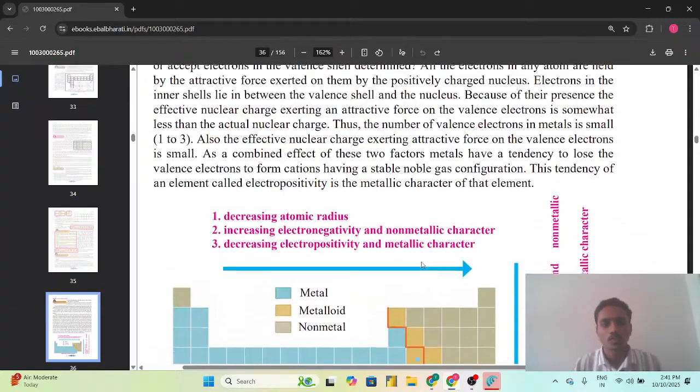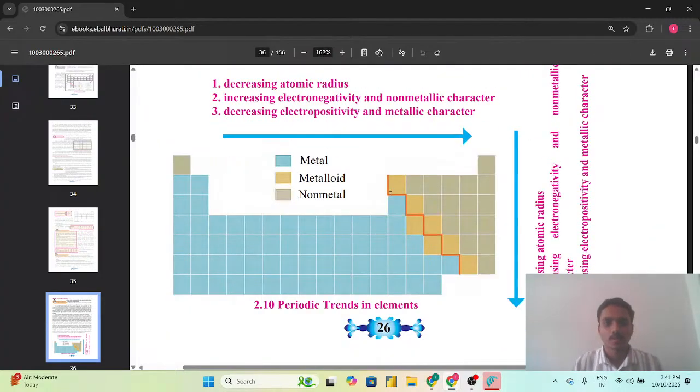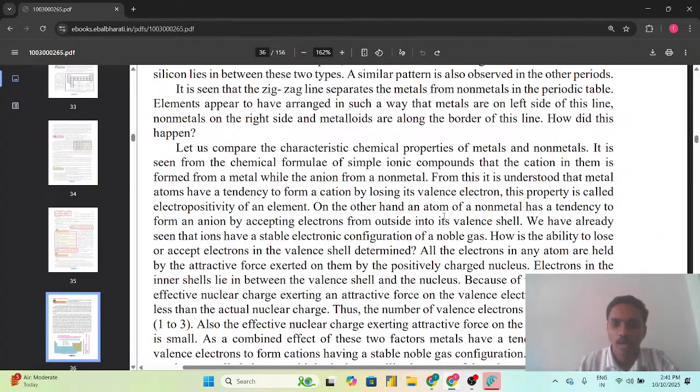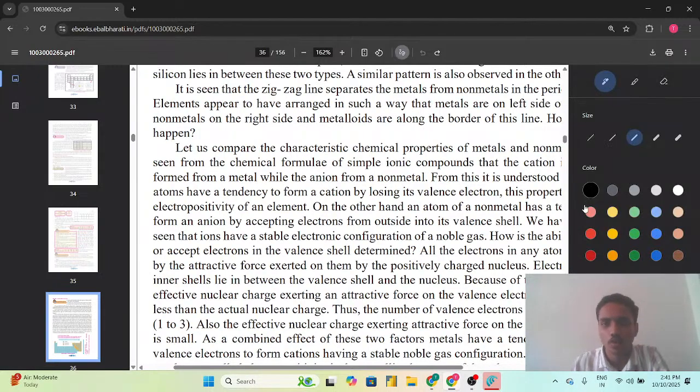ये कैसे होता है, एक example से देखते हैं कि यहाँ पर suppose we are forming the NaCl compound, that is the sodium chloride, as we all know that it is the common salt, NaCl. So Na is having the positive charge and Cl is having the negative charge.